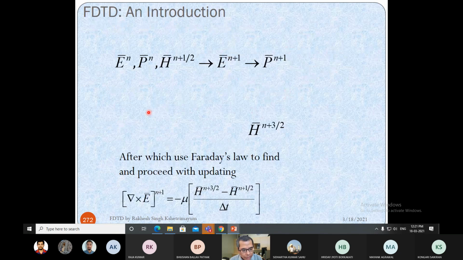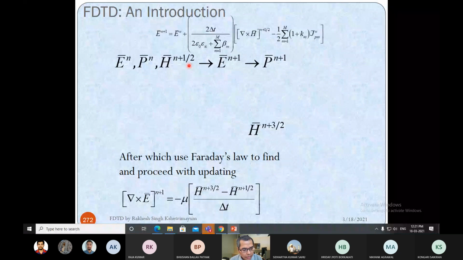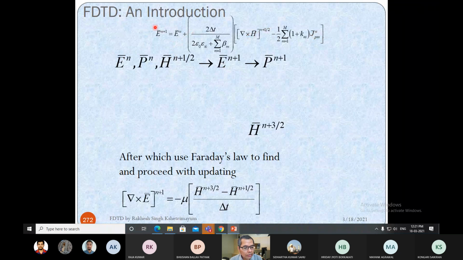So finally, once you have E^n, P^n, and H at n plus half, you can find out E^(n+1). So E^(n+1) is E^n, this term here, then H at n plus half, then you have J_pm at n. So once you have J_pm at n, then H at n plus half and E^n, you can find out E^(n+1). And P^n and J_pm are related.